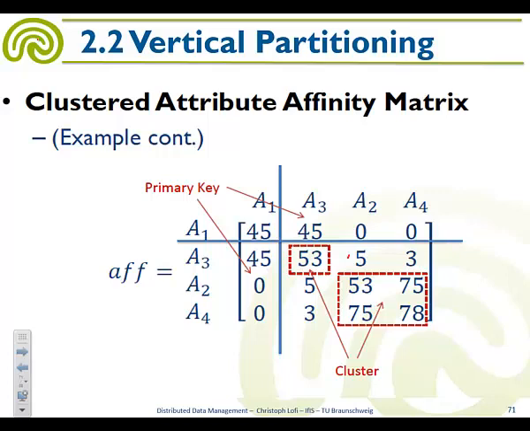One cluster is just a cluster containing A3. So you have one fragment, A3 and A1, which would cover that part. So all queries using A1 and A3, and there are quite a lot of them, could work exclusively on that single fragment without needing to access the other fragment. The second fragment you should create is A2 and A4, and it has to include also A1, because that's a primary key.